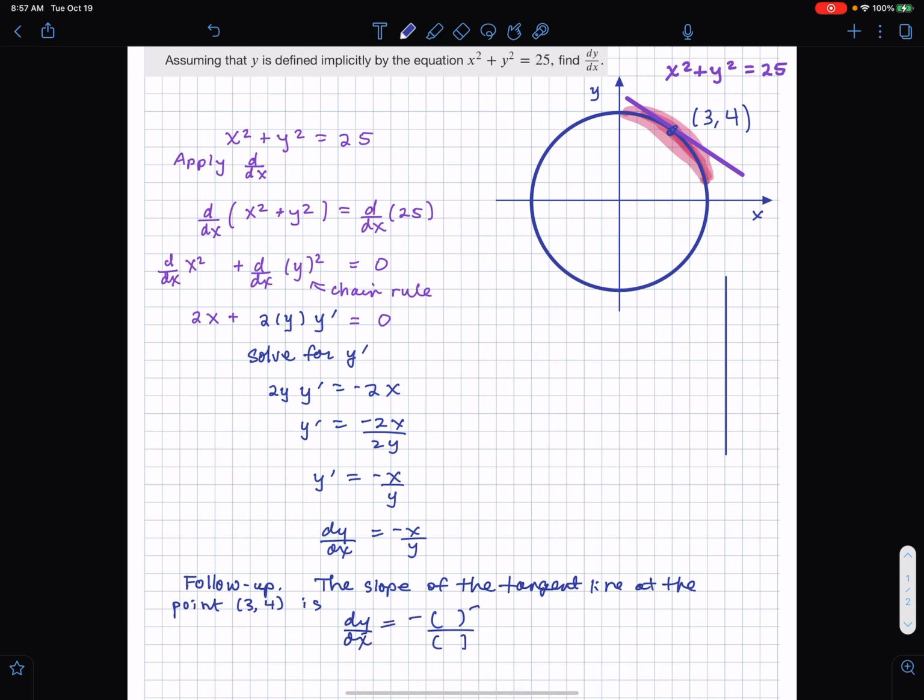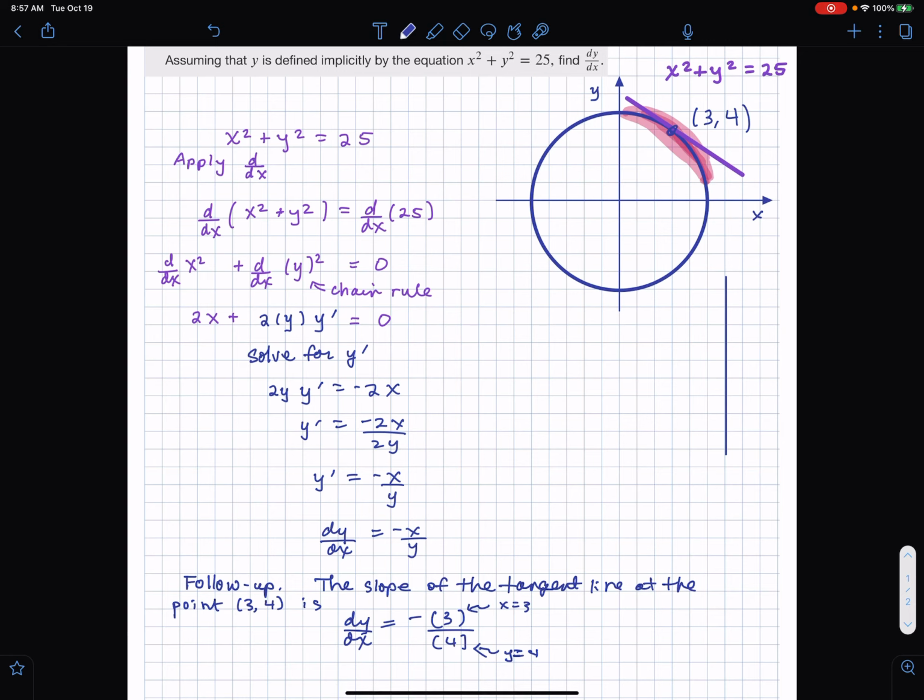Okay, now I'm going to put in x equals 3, y equals 4. Those arrows are not meant to be anything but just look over there. They're not a limit or anything like that. So I should be careful about just willy-nilly writing arrows.